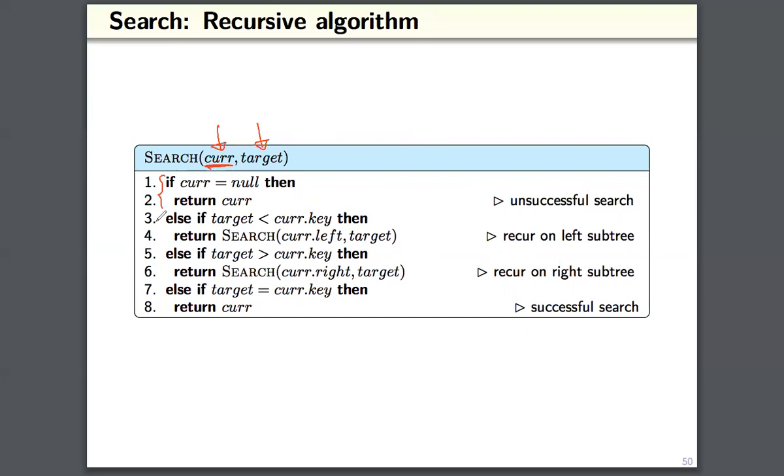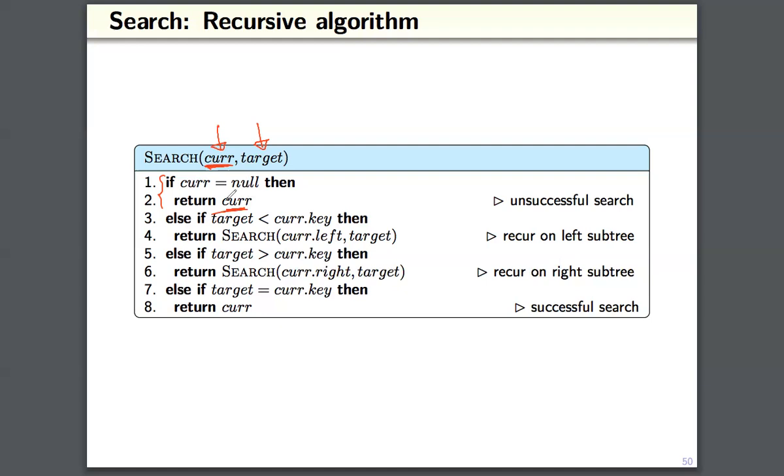That means if the node itself is a null pointer, then return current. You're returning that node itself. Okay, later you can verify whether it is null or not.